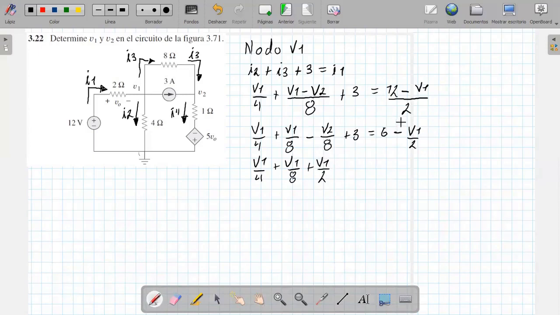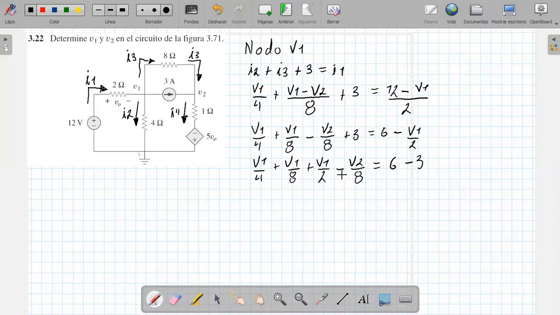Where does this come from? It comes from this term that is here. I passed it to the other side, so that it is positive, and I put it with V1 to put them together. And lastly, minus V2 over 8. It is equal to 6. And I pass this 3 to the other side with a negative sign. It would be minus 3.